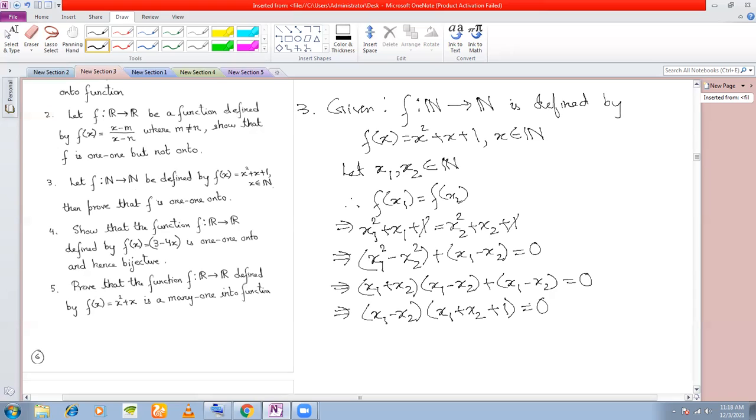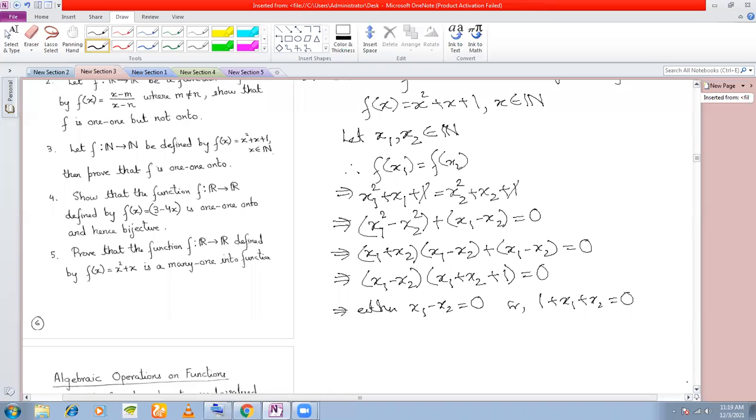Okay. Now that means either x1 minus x2 is equal to 0 or 1 plus x1 plus x2 is equal to 0. Now can 1 plus x1 plus x2 be equal to 0 when x1 and x2 both are natural numbers? Is it possible? Common sense. Can you find any two natural numbers to which if you add 1 you get 0?